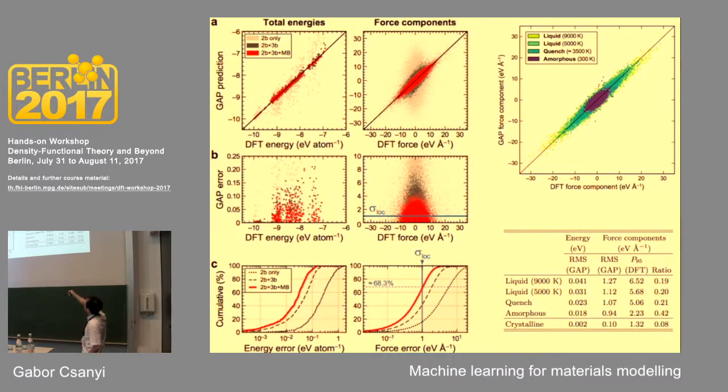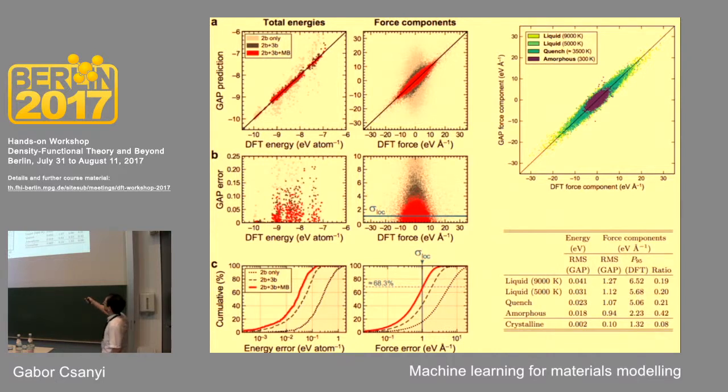And this gray cloud shows you that pair potentials really do a very, very poor job. If you turn on three-body potentials, then you get the black dots, which is a very big improvement. And you can see in the errors that a lot of the errors are now down here. Now we turn on the SOAP kernel, the many-body kernel, and you get a further improvement. It doesn't look like a huge improvement, but there's still an improvement.